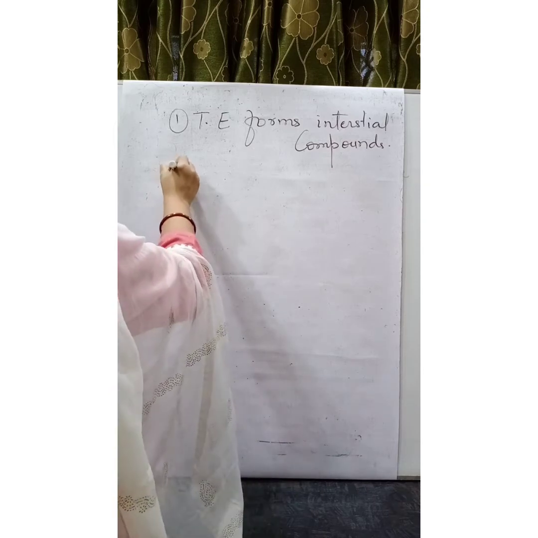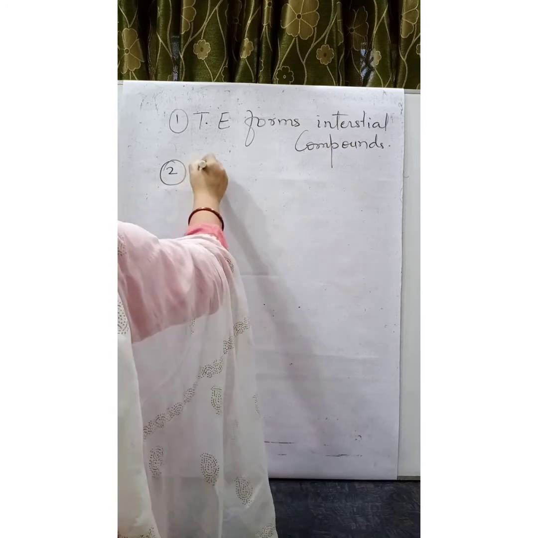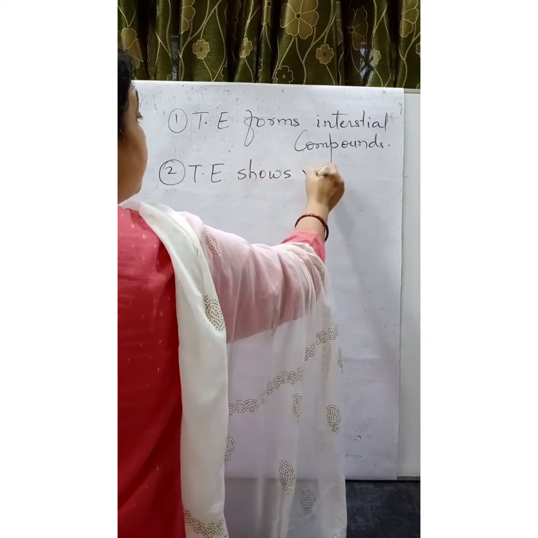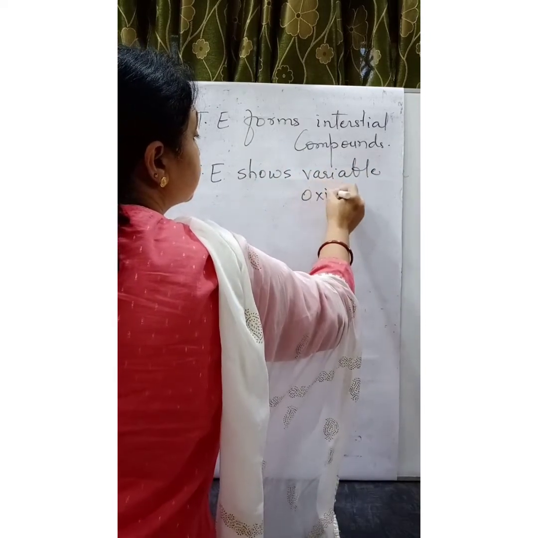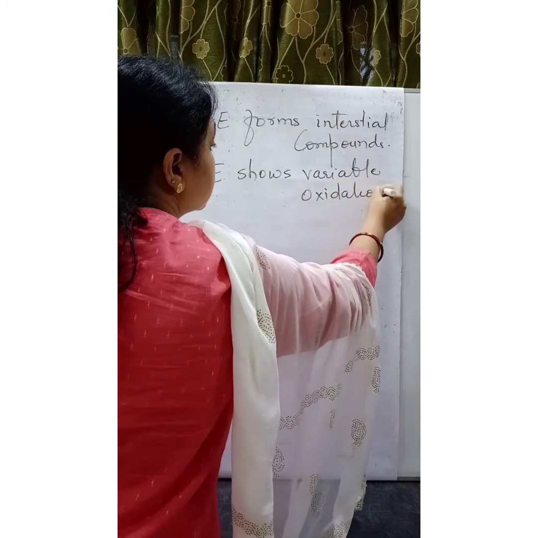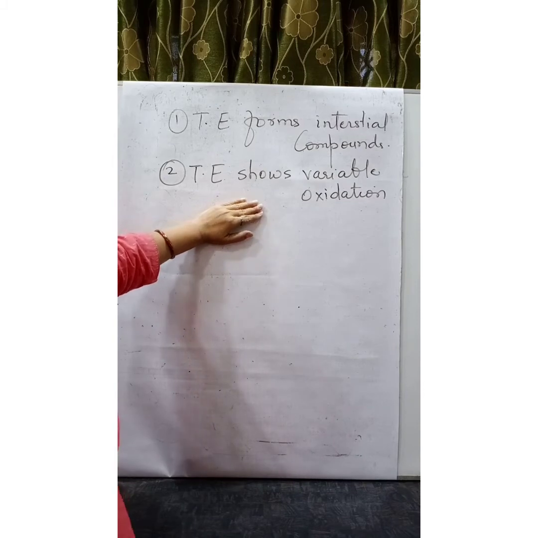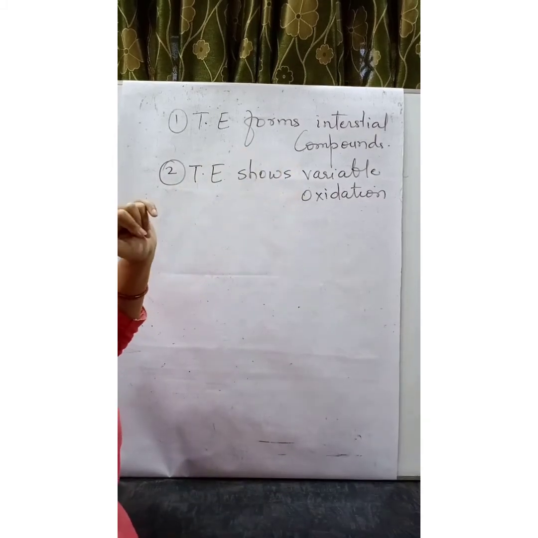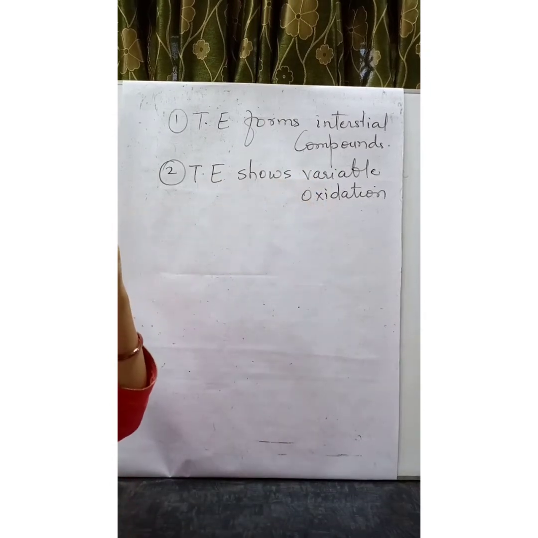The next characteristic shown by transition elements is that they show variable oxidation state. They show positive oxidation states, and each element is capable of showing a number of oxidation states. What is the reason behind this variable oxidation state?